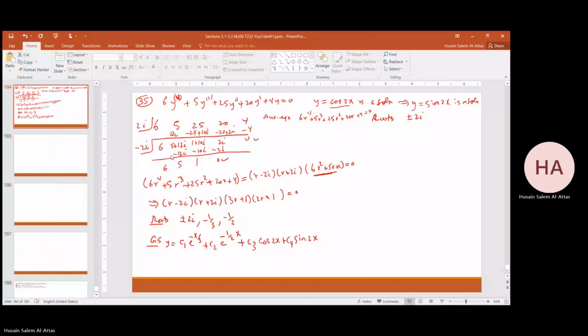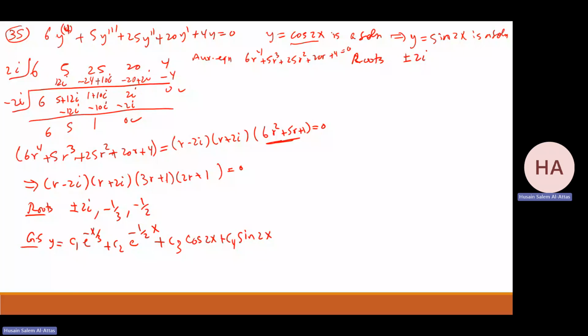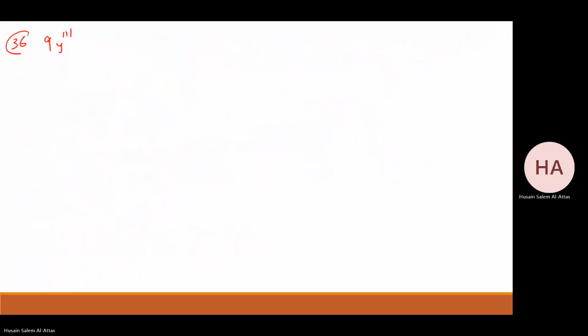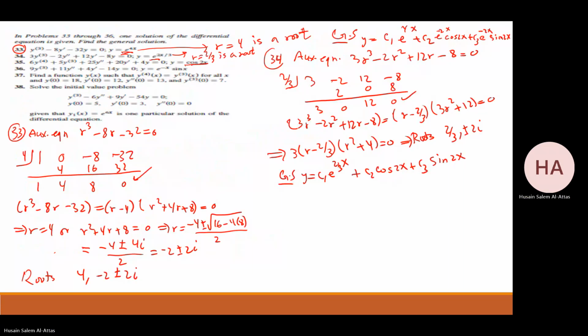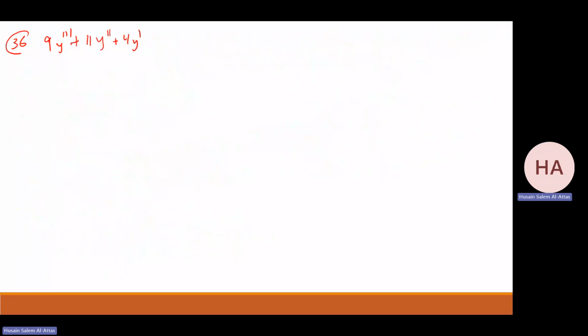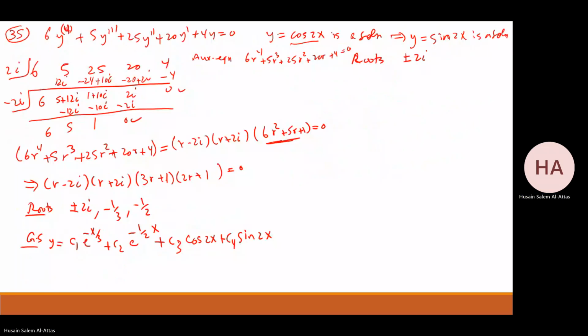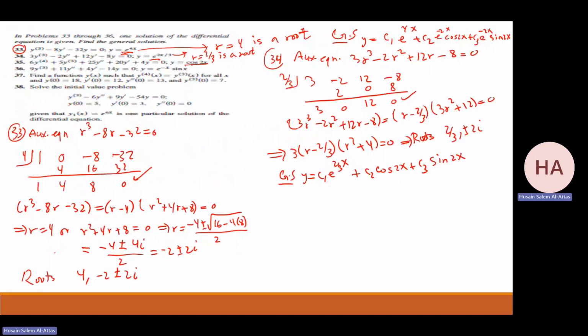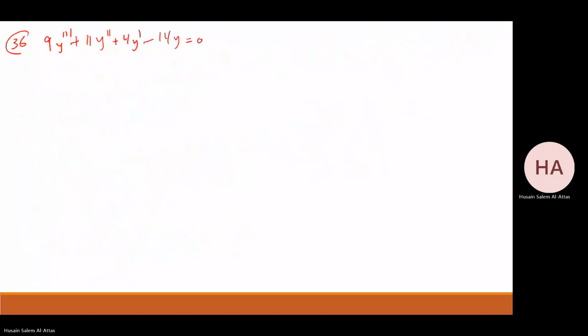Okay. So what is 6? And 9y plus 11y double prime plus 4y prime minus 14y equals 0.